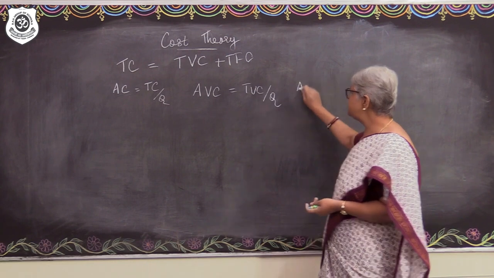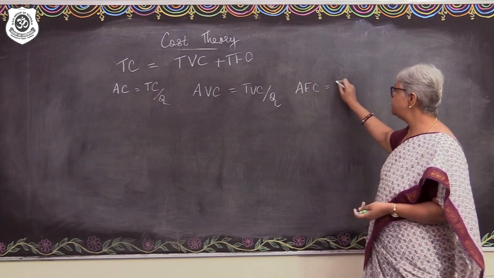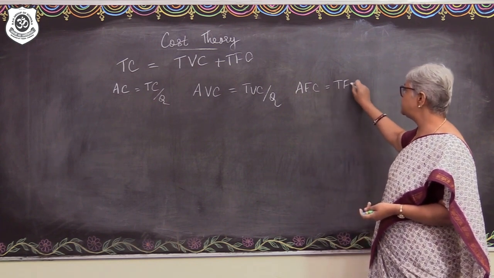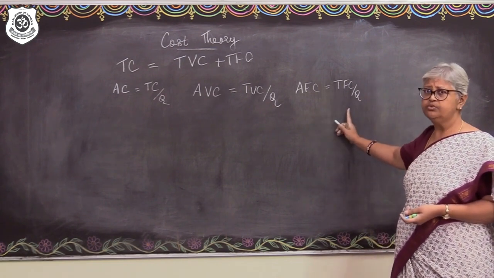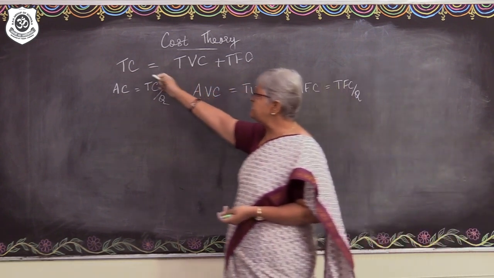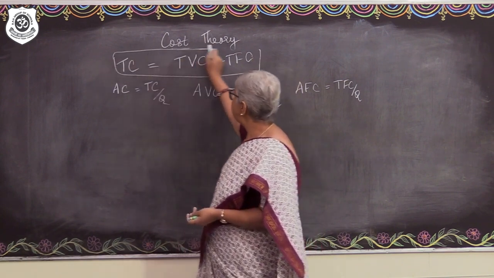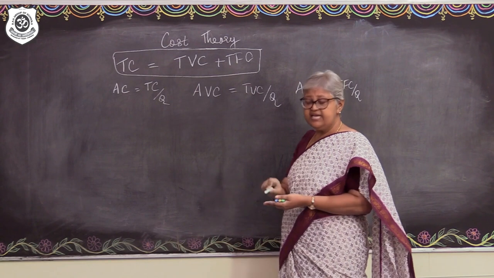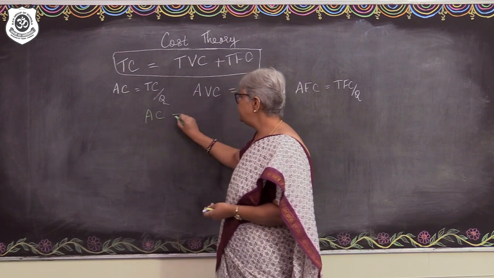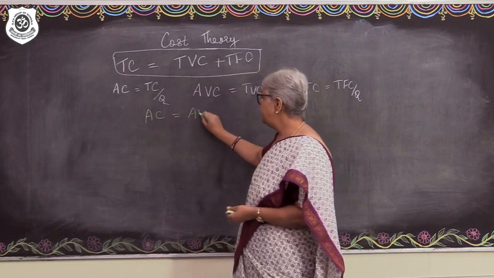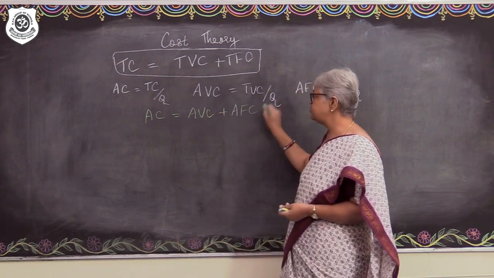Then, the average fixed cost can be understood as the per unit fixed cost of production, or it is TFC by Q. So, if TC can be summed up as the TVC plus the TFC, then AC can very well be understood as the per unit variable cost plus the per unit fixed cost of production.